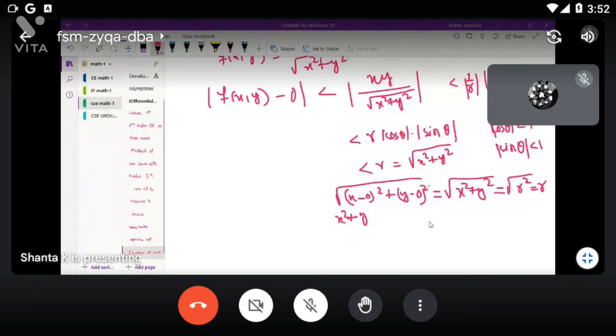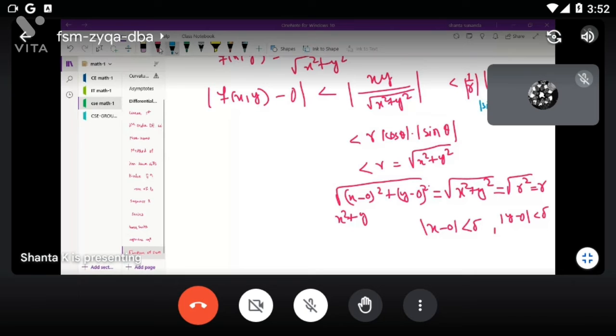Now x minus 0, if you remember, this is less than delta, and y less than delta, since they are approaching 0.